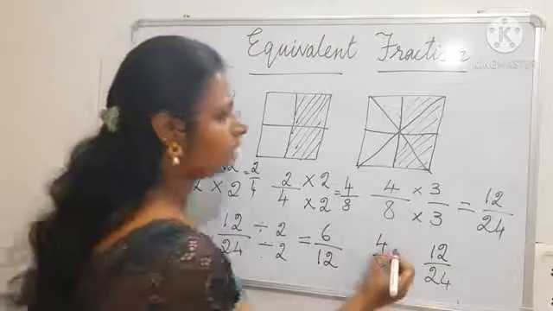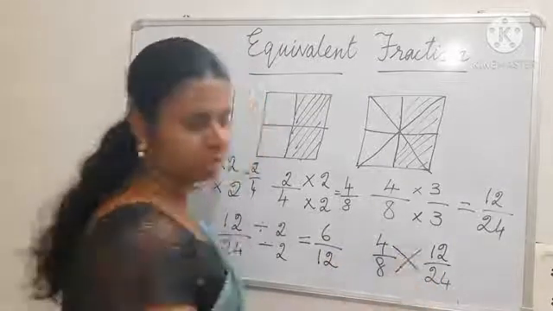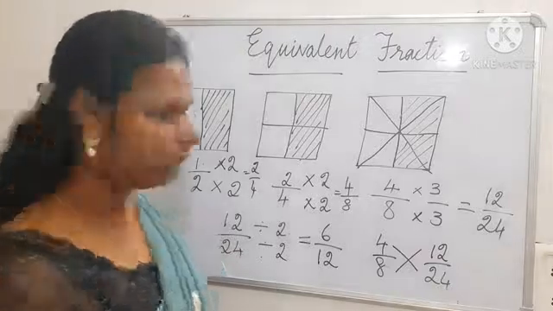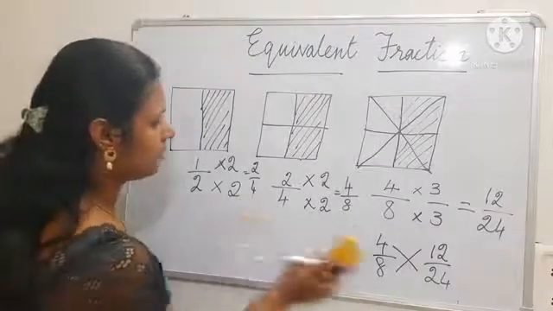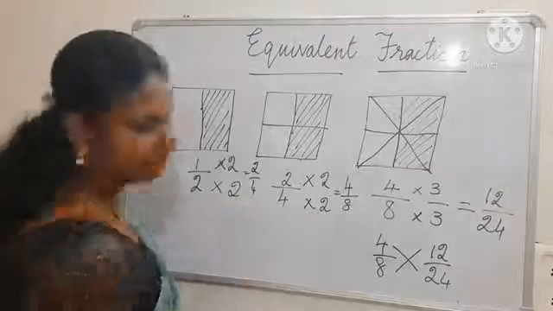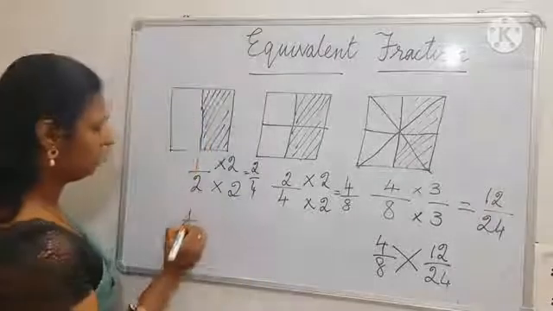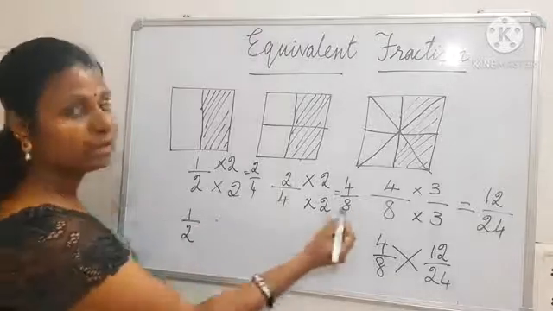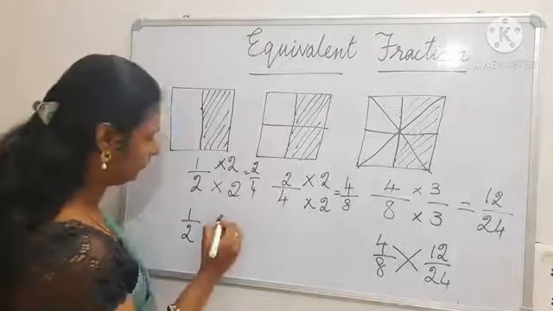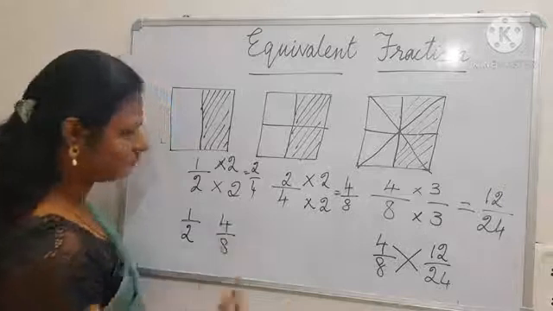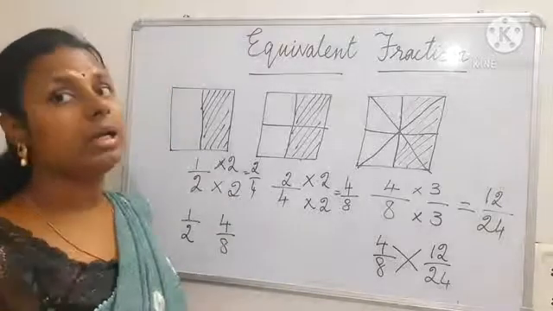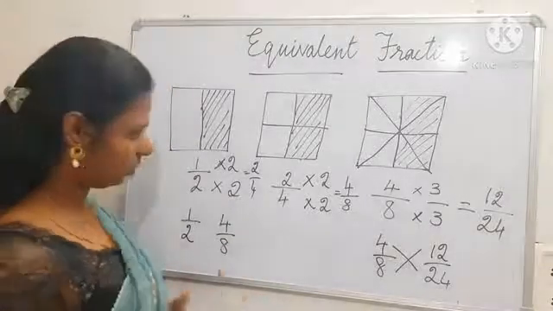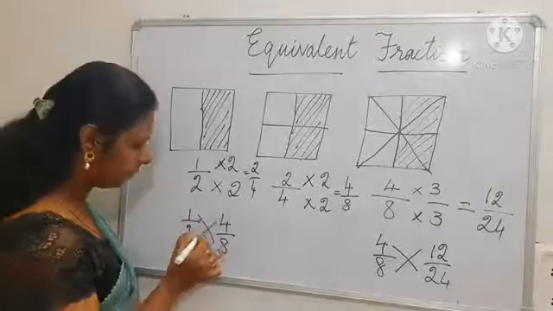So you can do cross multiplication. For example, let me take one small number 1 by 2 and another one here 4 by 8. Okay, let me find out whether they are equivalent fractions or not. So let me do cross multiplication.